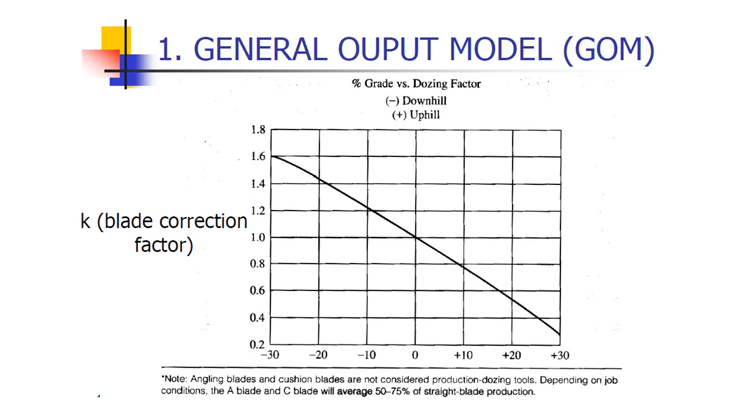However, if you are digging downhill, if the grade is negative, you will find a factor that's more than 1. If you are digging uphill, your factor is higher than 1. Why is that? Because the capacity is less uphill than downhill. The capacity is less, so the productivity is less when it's uphill, while it's more when it's downhill.